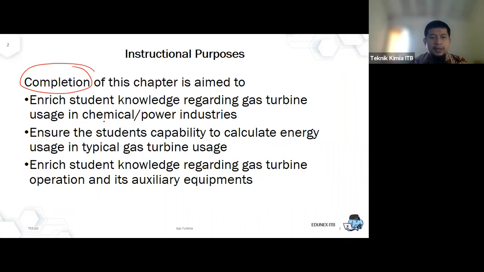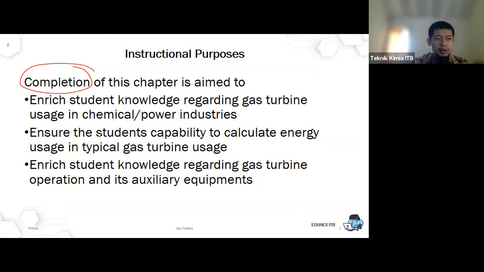These days a lot of chemical industries, especially energy-related ones such as oil refineries, shift their turbines from steam turbines to gas turbines. Why? Because gas turbines offer much more responsive systems, much smaller space use, and much fewer auxiliary equipment.